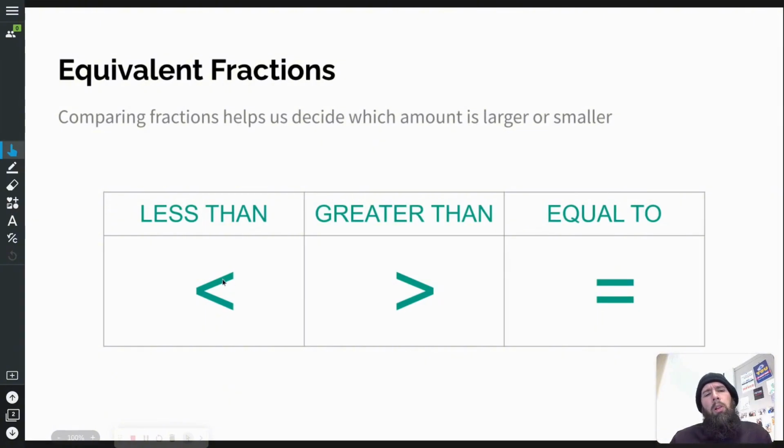Remember, less than means is smaller than. We usually view this as a little alligator eating the larger number. I'm not going to do that anymore. That's cute, but I'm just going to know that this little thing that looks like an arrow pointing to the left means is less than.